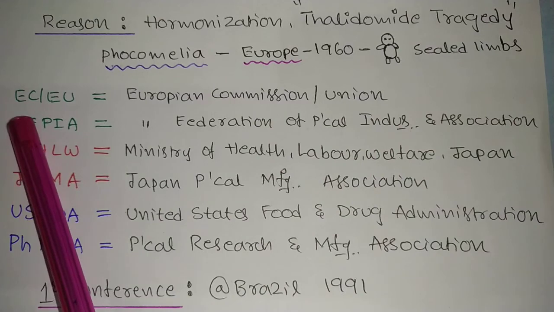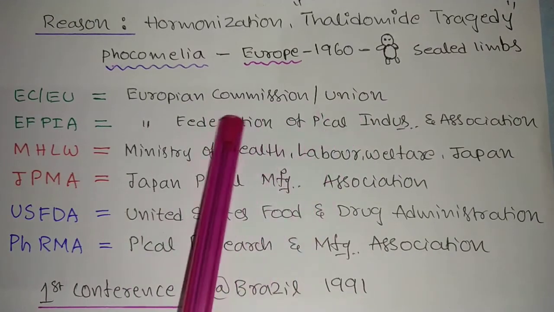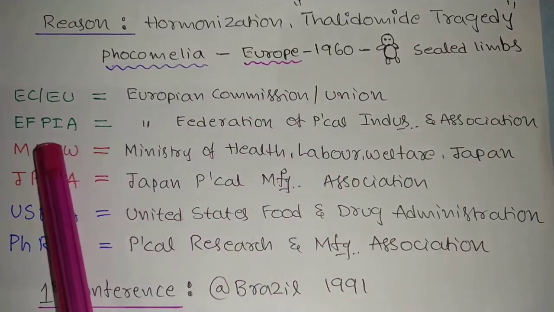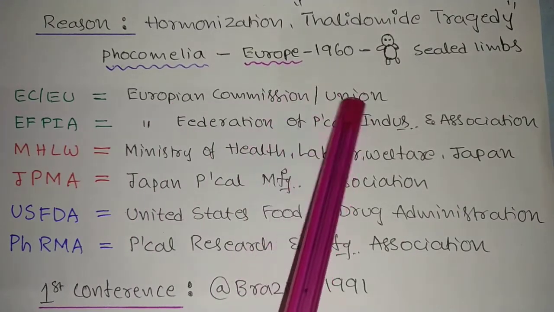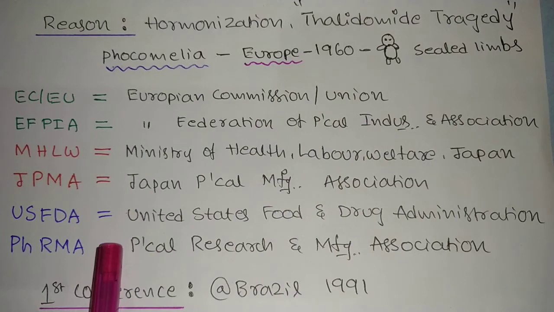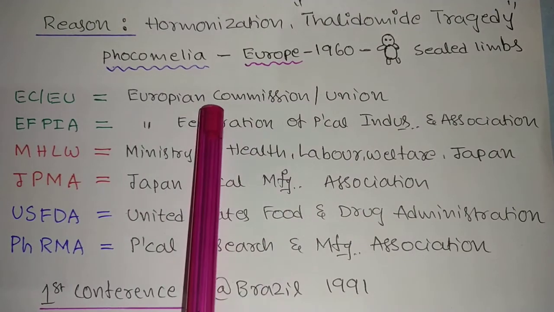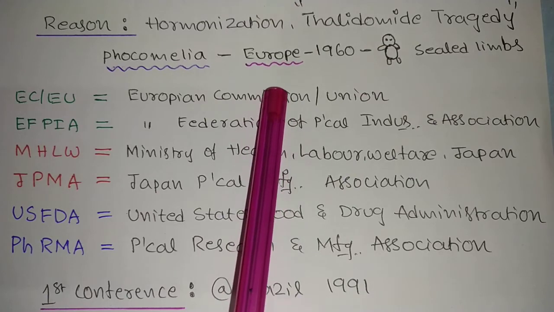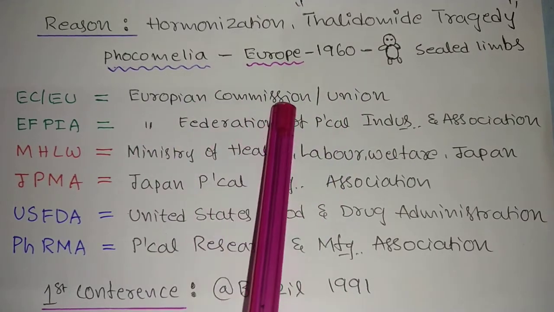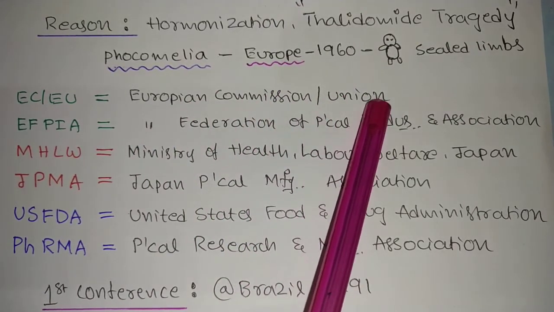See here, European Commission, European Union, that is a government. The name itself indicates whether it is government or private. Just observe carefully, so that you automatically come to know. European Commission, European Union.